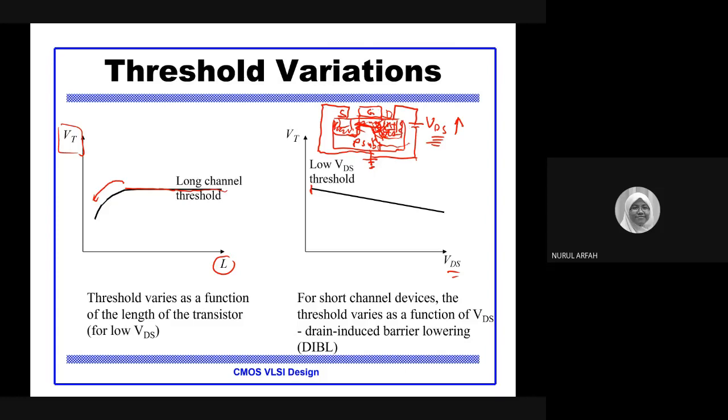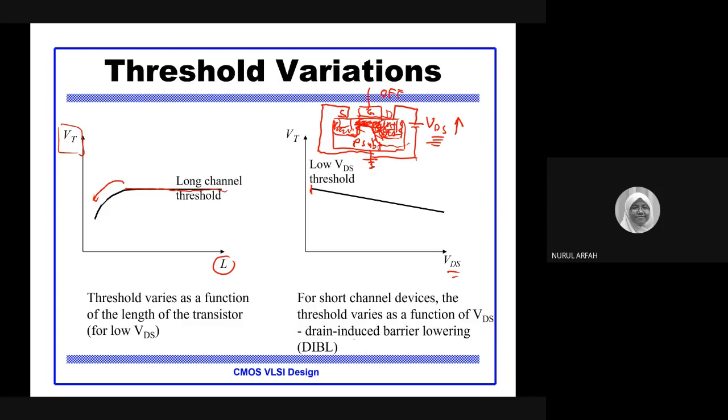And you know that the transistor should be turned off here because we don't apply any voltage at the gate. So when this is off, it's supposed not to have any channel between source and drain.